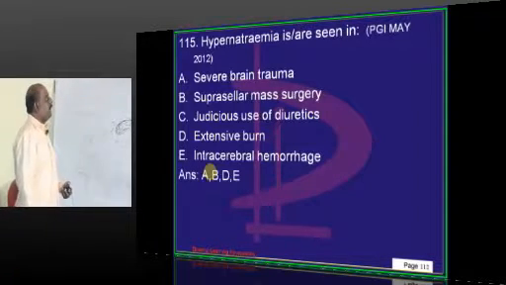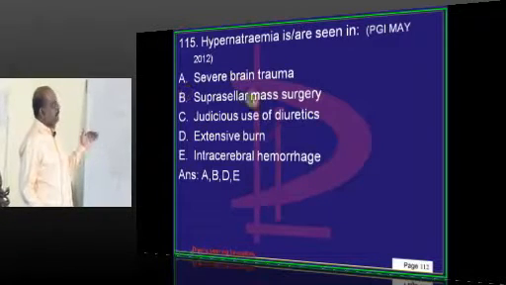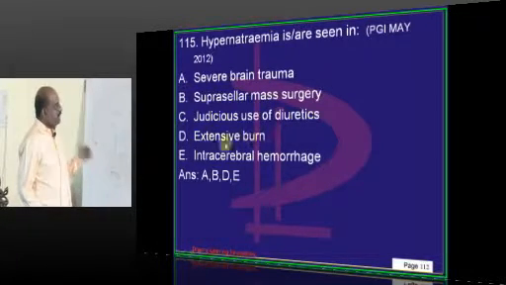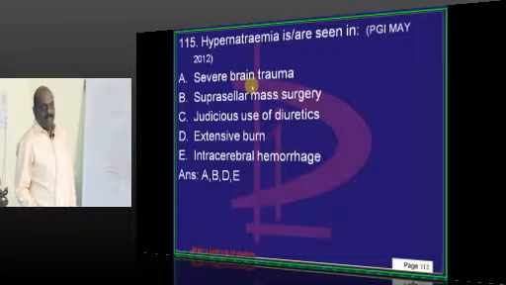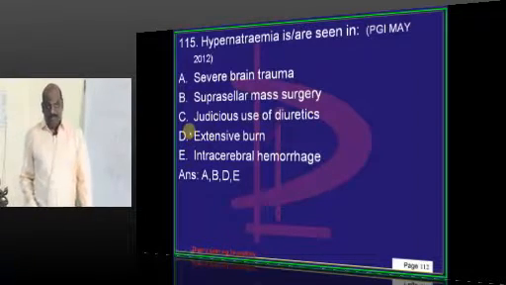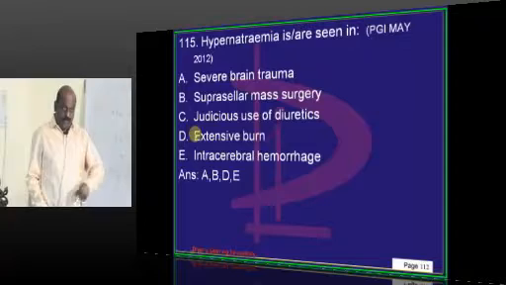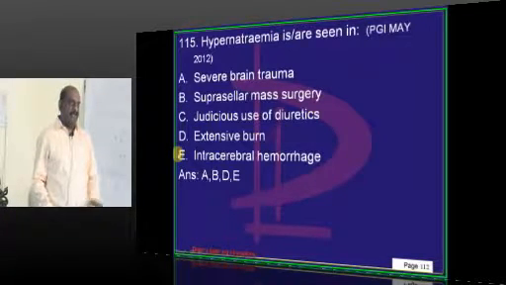Typically in all these scenarios, severe brain trauma, suprasellar mass surgery, extensive burns, intracerebral hemorrhage, hypernatremia can be found. But with diuretics, whenever you give them, the loss of fluid that occurs is generally isotonic. That's the reason you don't find hypernatremia. You may find normonatremia or at most hyponatremia.